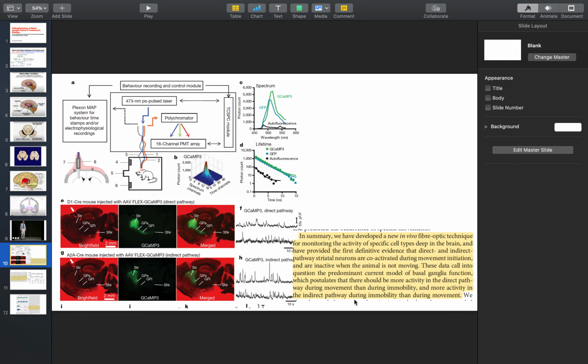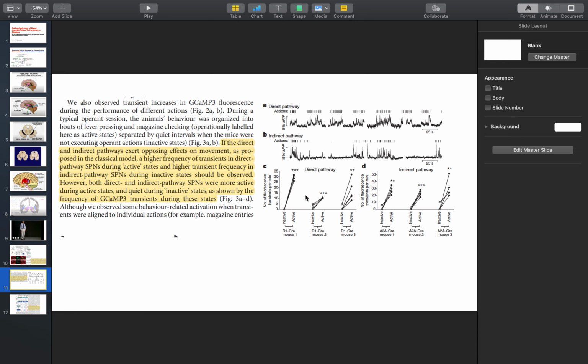They're not not moving, they're still moving, but undesirable movements.